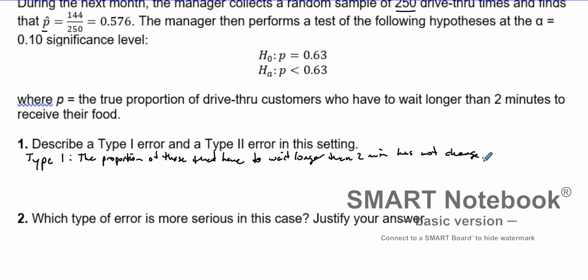But we actually think it has changed. We think it is actually less. So essentially, we believe that the extra person decreases the times when actually they didn't.